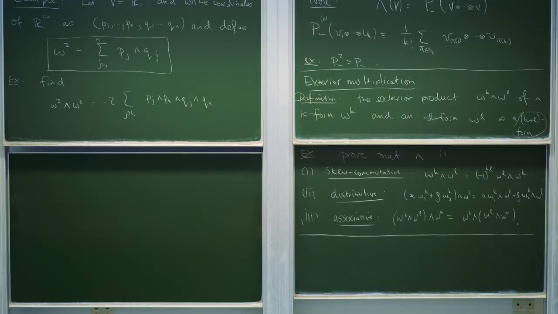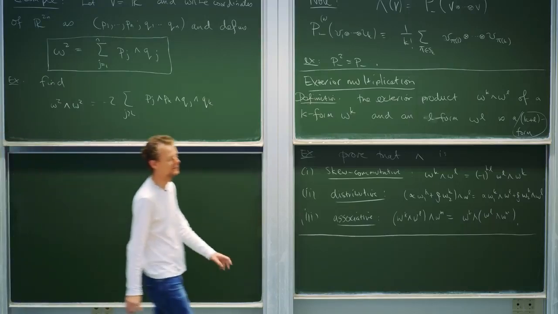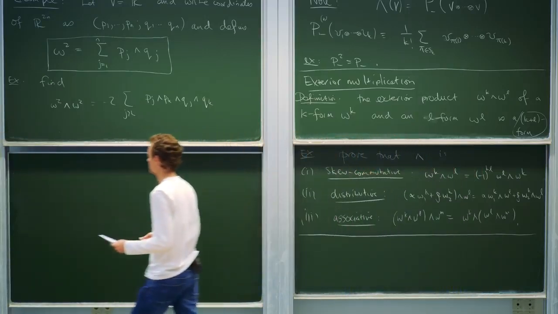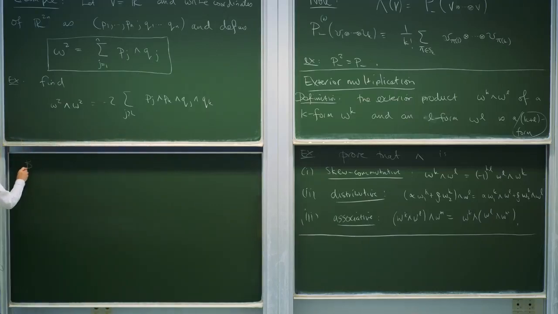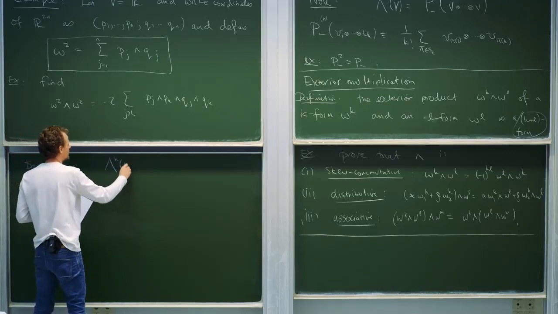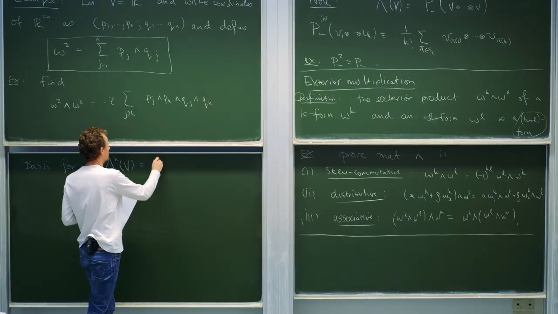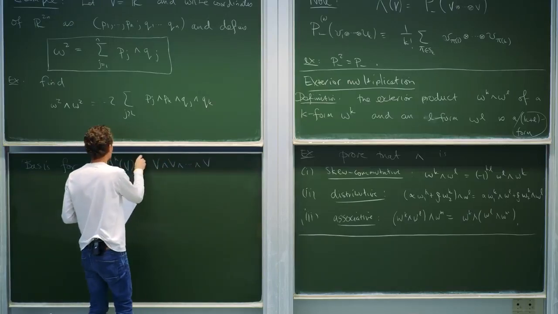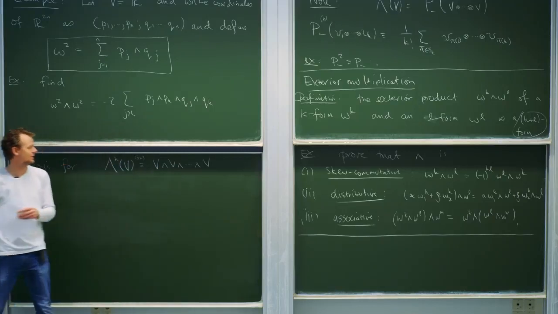So we need a basis. So let's create a basis now for the wedge product of a vector space. Basis for wedge^k V. There's a little exercise for you.